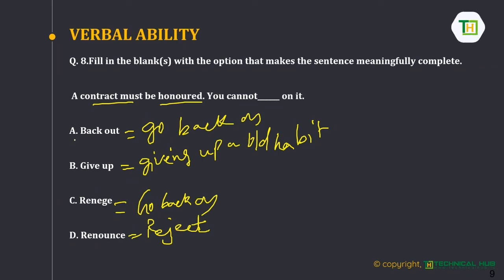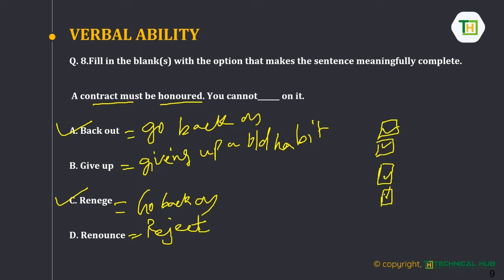So finally, renege and back out are the options, and these two options are the right options, and you can use any one of them. And sometimes in fill in the blanks, the question might be select as many answers as possible. They'll give you one question and ask you to select as many options as you can, so you can select them.